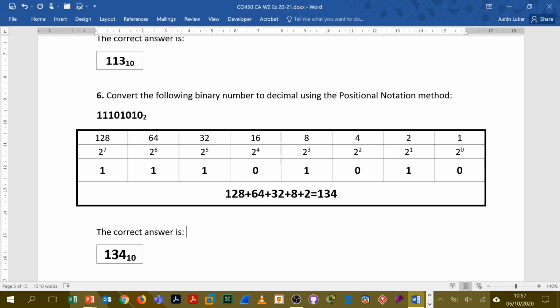Those numbers get very big at the higher powers, like 2 to the 15 or 2 to the 16. For these exercises, we'll keep them restricted to 8 bits in length, because that's easy to add together, as you've seen. So we'll stick to those.